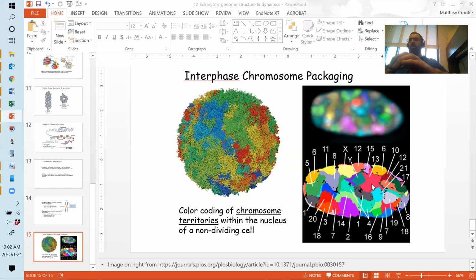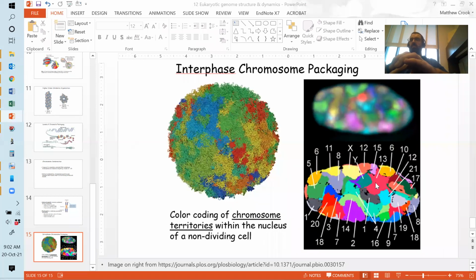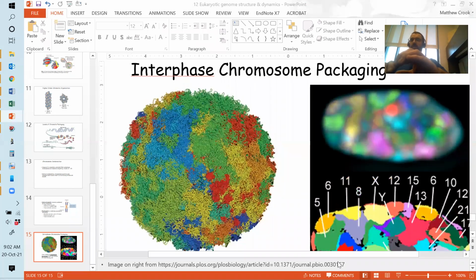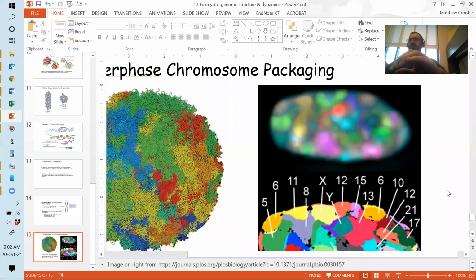And so this on the right is a merged picture. I'm pretty sure they're using a technique called FISH, which stands for fluorescence in situ hybridization. Basically, they're using DNA probes, from what I remember.